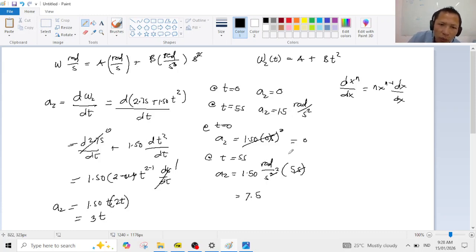So 1.50 times 2t gives 3t. At 0 it is 0, and for 5 you would have another 3 times 5.